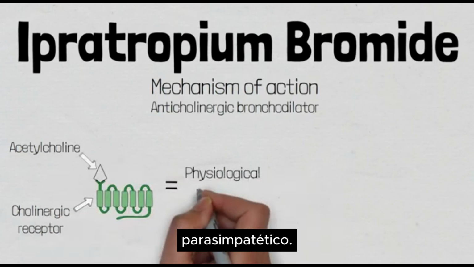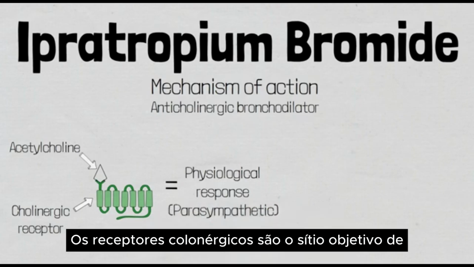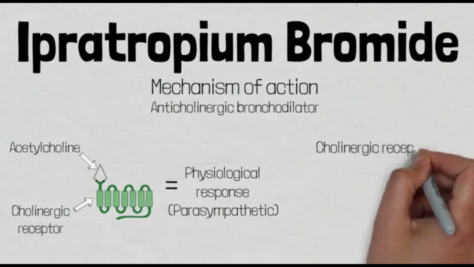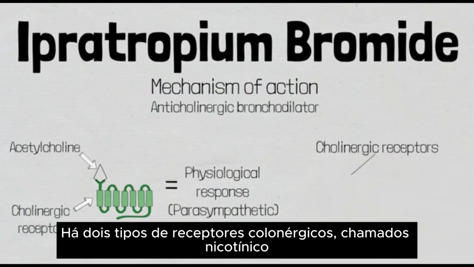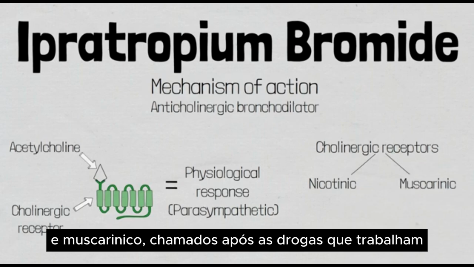Cholinergic receptors are the target site for multiple treatments in various medical fields, such as cardiology and respiratory medicine. There are two types of cholinergic receptors, called nicotinic and muscarinic, named after the drugs that work on them.